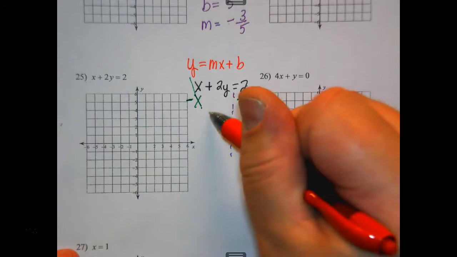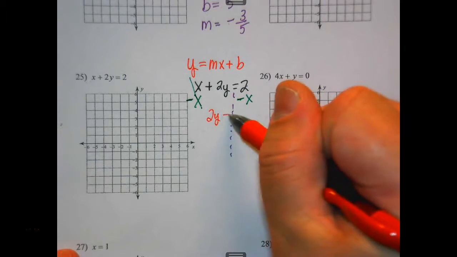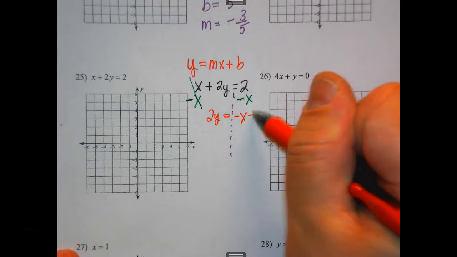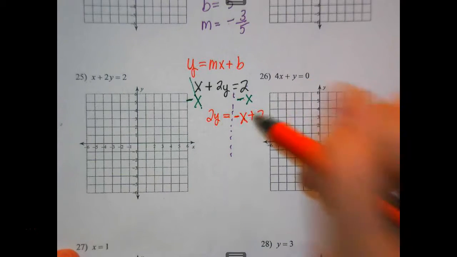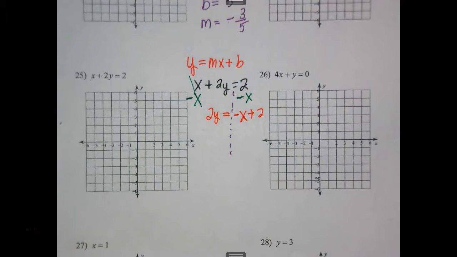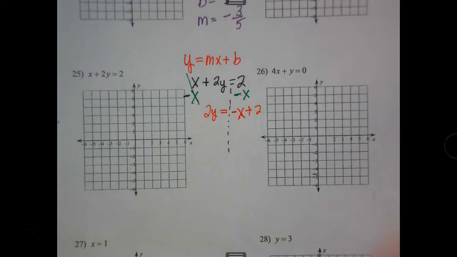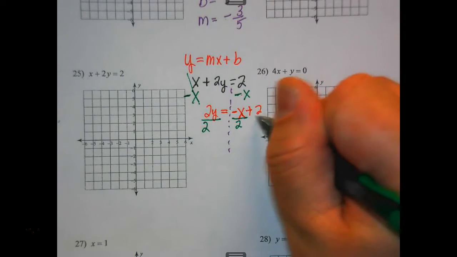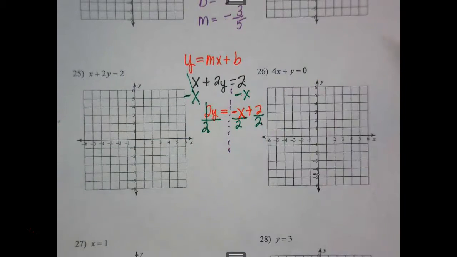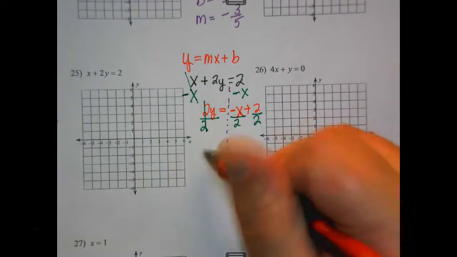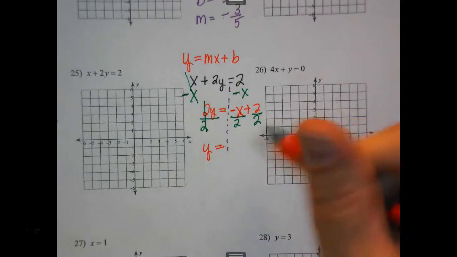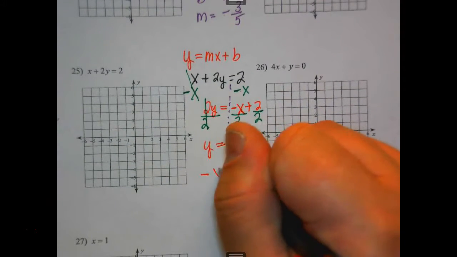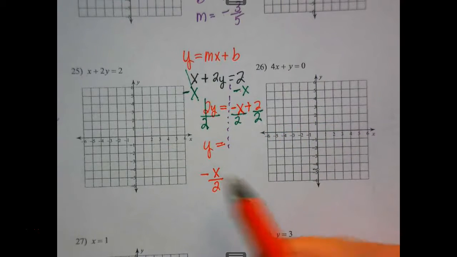So I get my 2y equals negative x plus 2. Then I'm going to divide every term by coefficient 2. I get y equals, now, negative x over 2. Don't forget there's a 1 there, right?